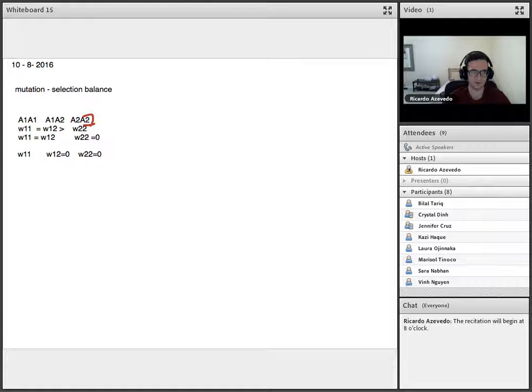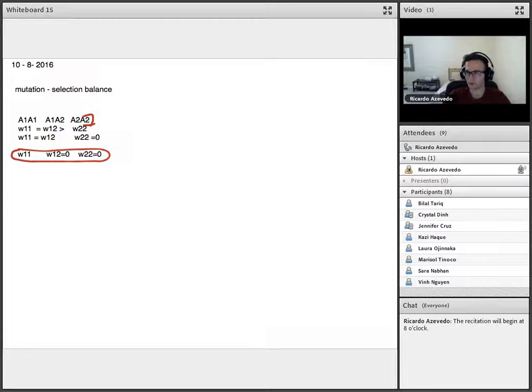In this case, A2 is a lethal allele and is dominant, so it should be pretty easy for selection to simply purge A2 from the population, because any genotype carrying A2 is going to be dead.